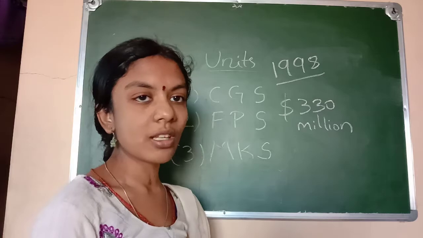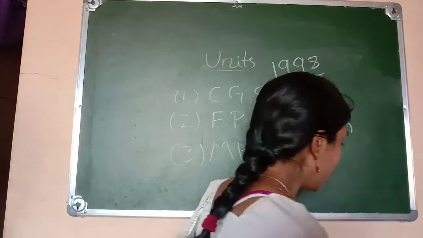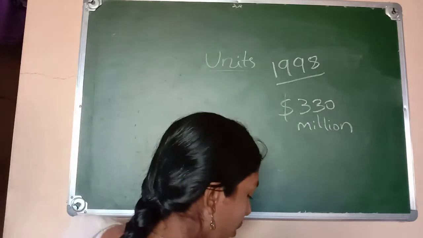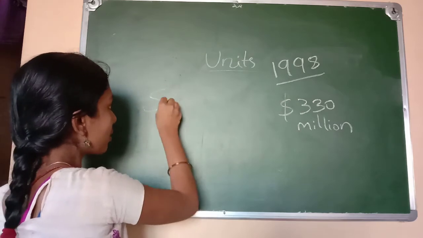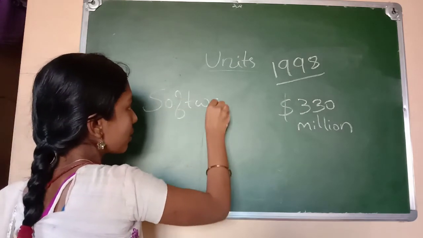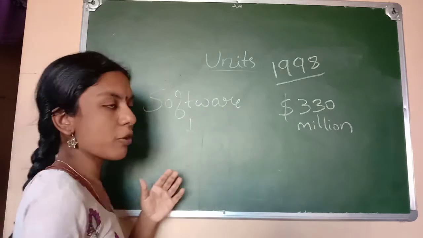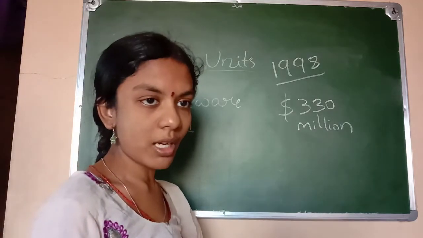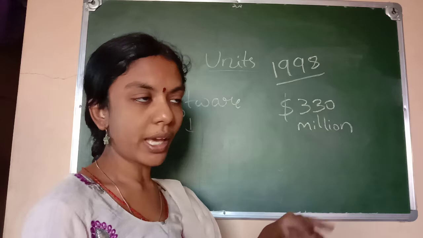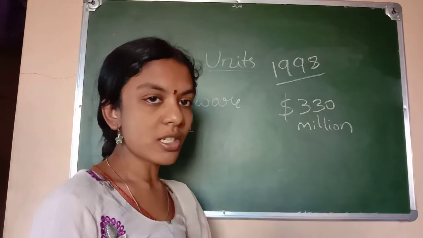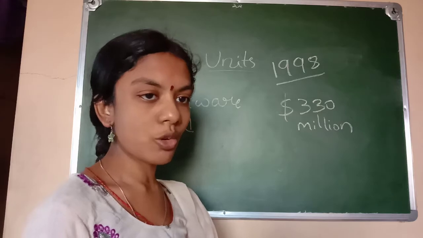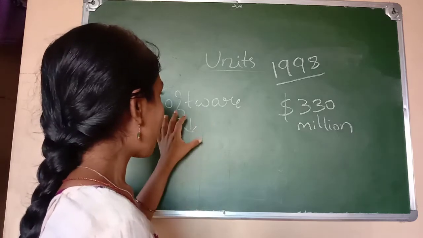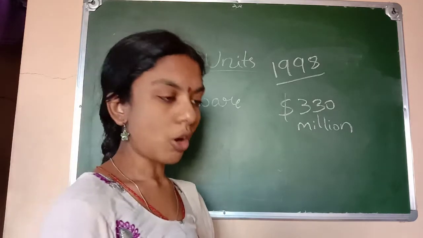So what was the reason for the failure? The failure for this project was mainly because of the software which gave signals or information to the orbiter, like how much distance it has traveled, how much distance it has to travel before it enters into the atmosphere, at which angle, at which force. Everything is controlled by the software on the Earth, and the orbiter simply follows the signals it receives from the software.